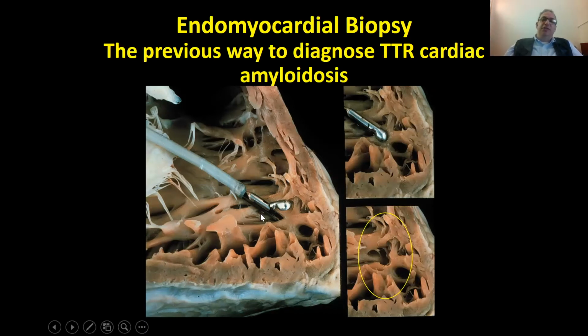And the other is just like this. It's a little jaw, and we push it up against the heart and we grab a piece of the muscle and we can pull it out and look at it under the microscope, and we can see the amyloid or the protein deposit. And that's not something that most people want to do, and they have to get it done in a specialized center, and there has to be an expert pathologist to read it. And so all of this has led to a lot of the delays in the diagnosis.